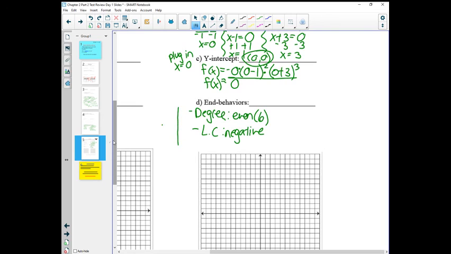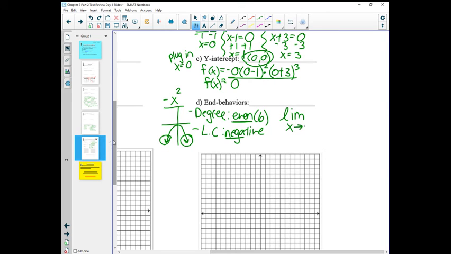Another function we know that is even and negative is negative x squared, which looks like that, like a parabola reflected over the x-axis. Since my function is even and negative, and that function's even and negative, it's going to have the same end behaviors. So let's go write those.